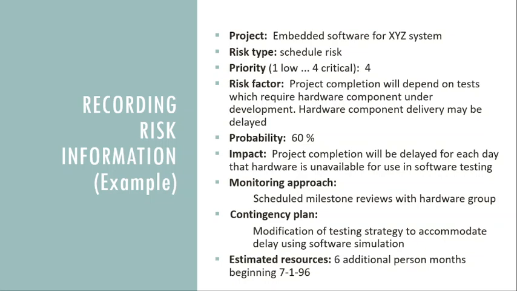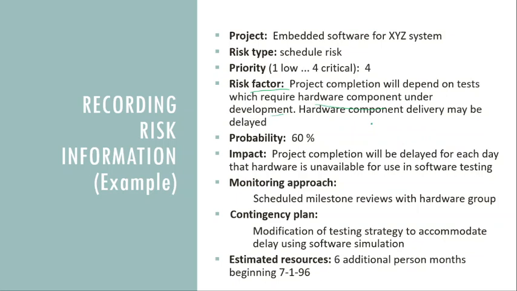And then the next is the impact. What is recorded about the impact is that project completion will be delayed for each day that hardware is unavailable for use in software testing. Because according to our identification, we have found that our risk factor is the hardware component. Hardware components are under development, which means it's not ready to use now.